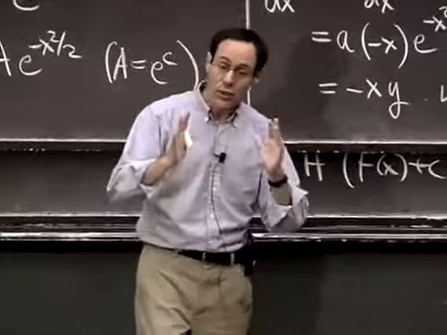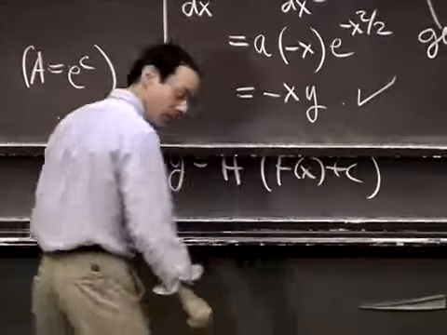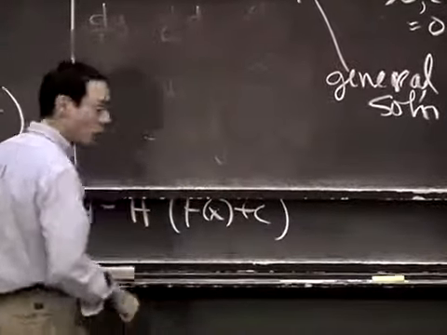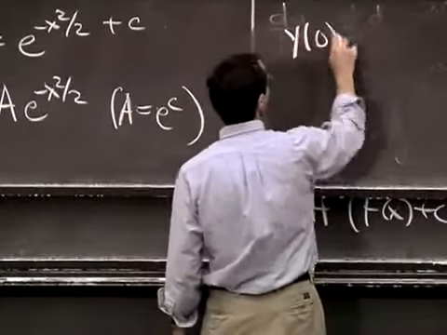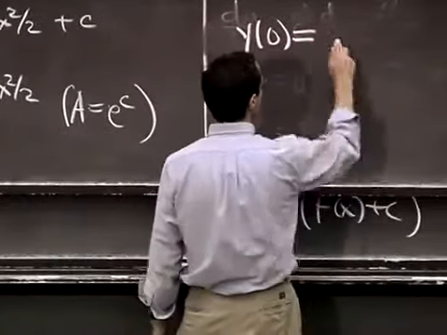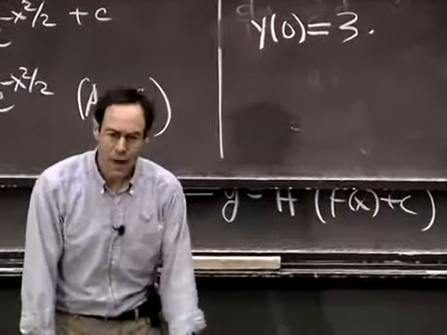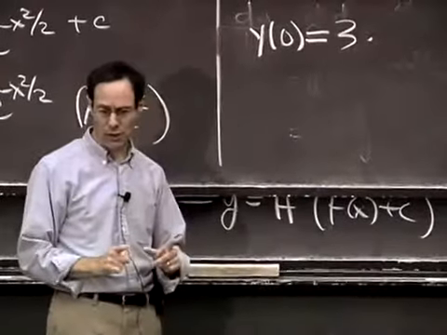Now, it could be that you're given extra information. This is very typical in such problems: you have the rate of change of the function, which is what we've given, but you might also have the place where it starts, say, it starts at 3. If you have that extra piece of information, then you can nail down exactly which function it is.